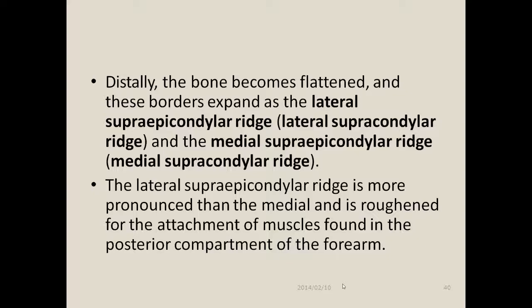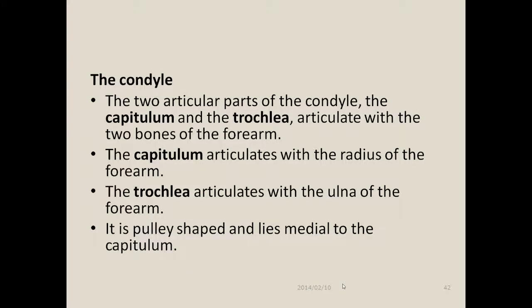Distally, the bone becomes flattened and these borders expand into the lateral supracondylar ridge and the medial supracondylar ridge. The lateral supracondylar ridge is more pronounced than the medial and roughened for the attachment of the muscles found in the posterior compartment of the forearm.